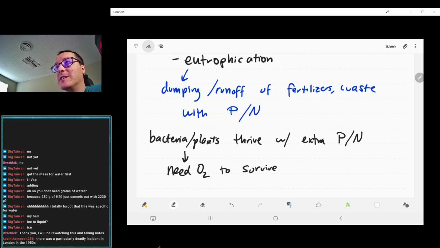And what happens is if you continuously have extra sources of phosphorus and nitrogen going into, say, a pond, eventually those bacteria are so happy to see that extra phosphorus and nitrogen, they go into overproduction. They replicate, growing and growing, and eventually they end up consuming more oxygen than is available to them, and they end up dying.